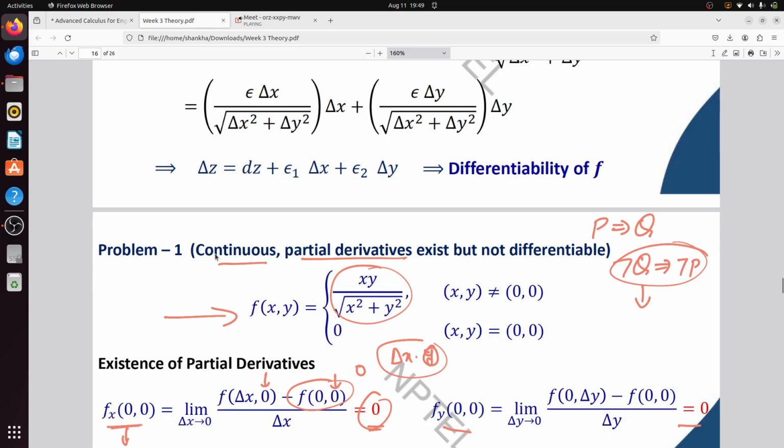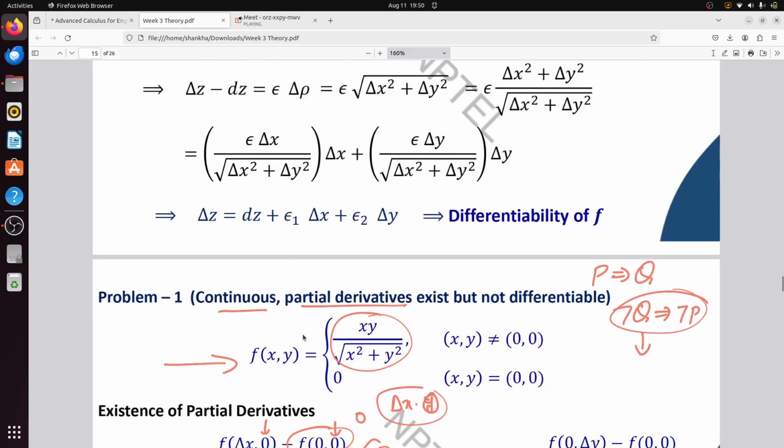This function is continuous and has partial derivatives, but it is not differentiable. How will we prove it?